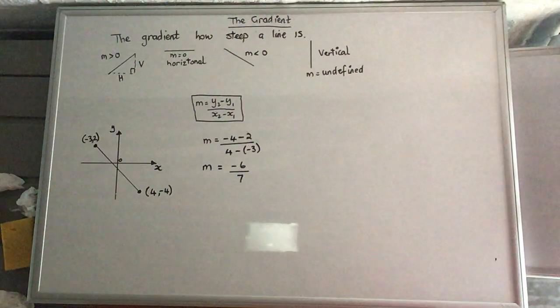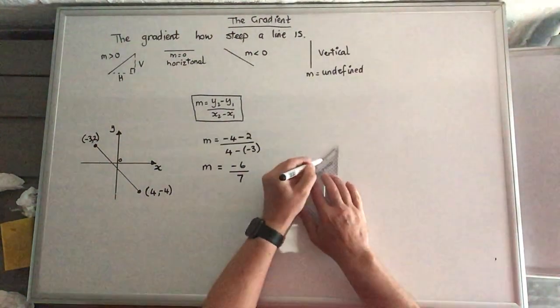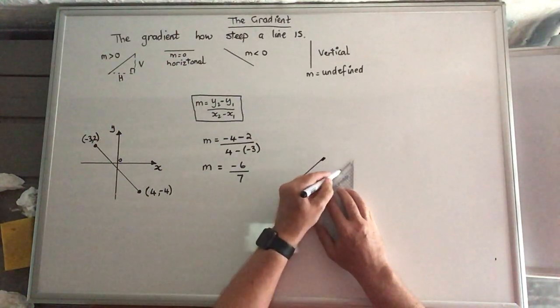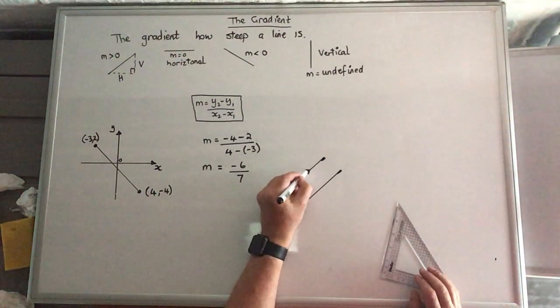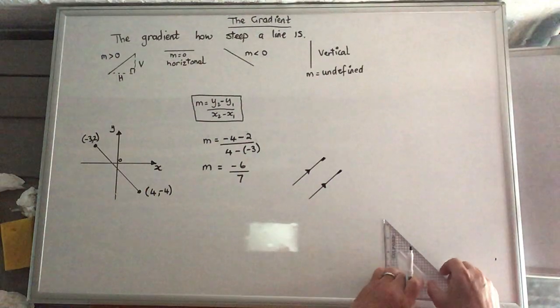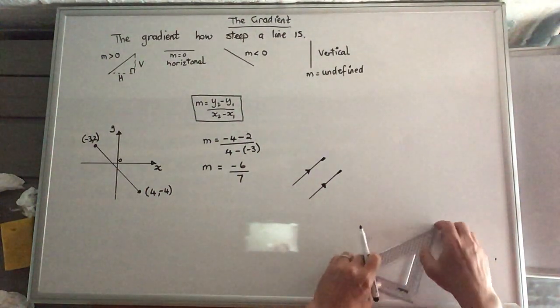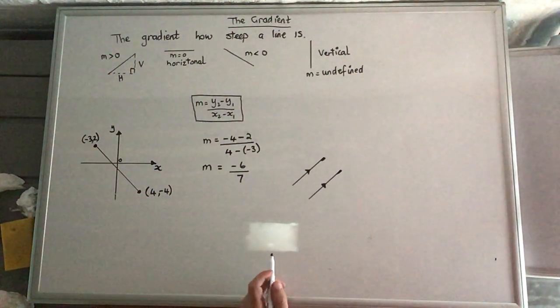A couple of wee pointers that I think is well worth remembering. Here's a line, and here's another line, and they're parallel. So I'll put the arrow to say they're parallel. Now, if they're going in the same direction, when you calculate the gradient, because they're going in the same direction, they have the same slope, then the gradients are the same.